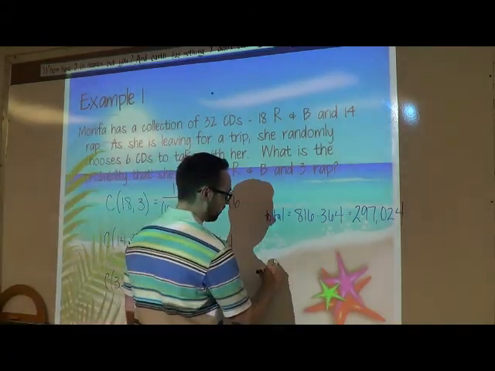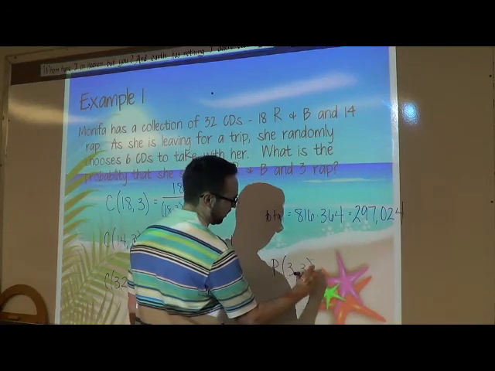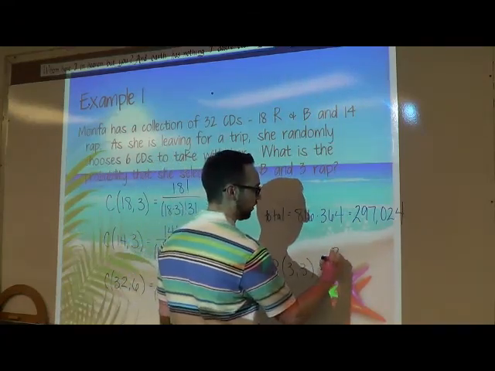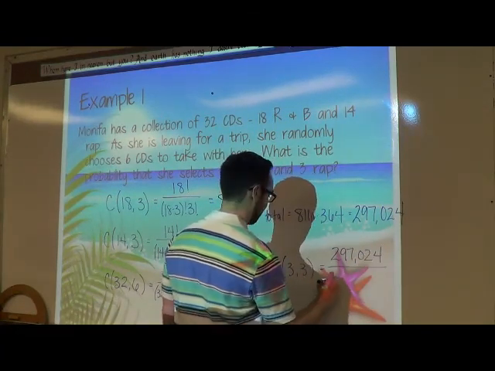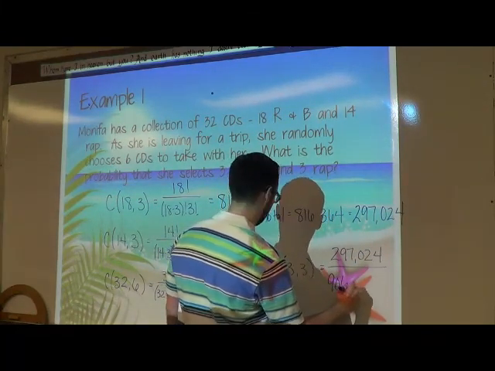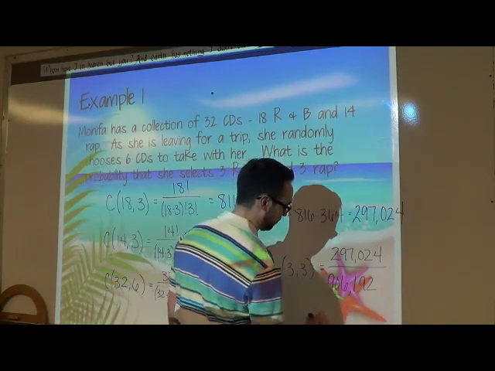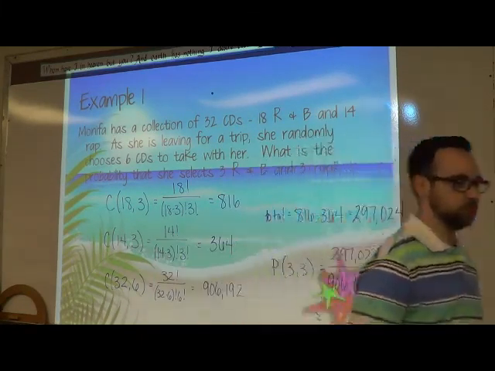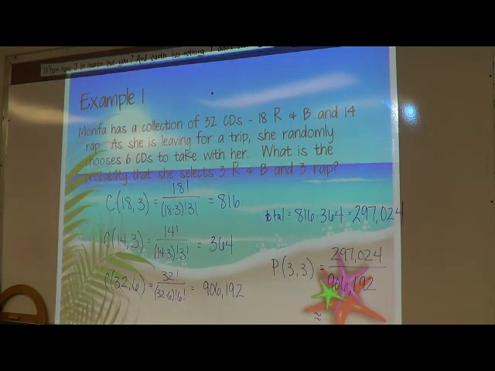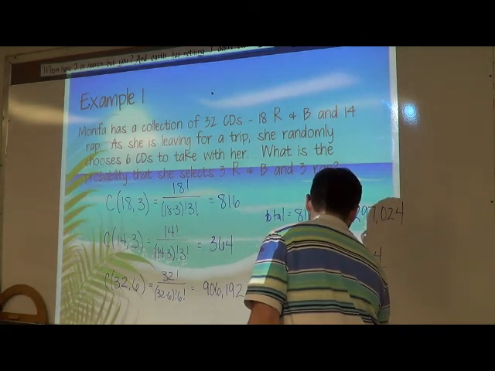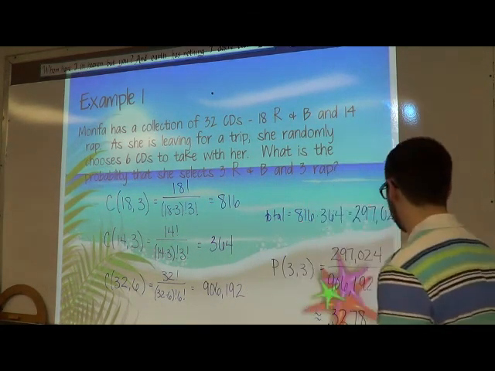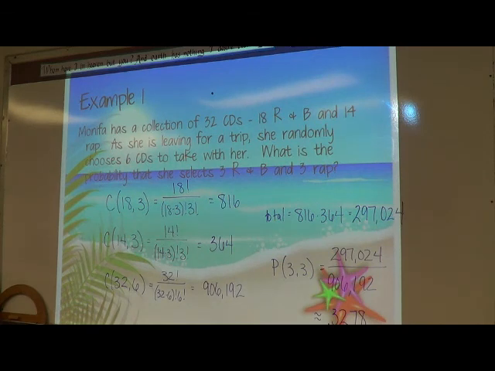So the probability of choosing 3 and 3 would be 297,024 divided by 906,192, which is approximately 0.32777. It was rounded off at 0.3278. So about a 33% chance, a third of a chance of her getting exactly what she wants there.